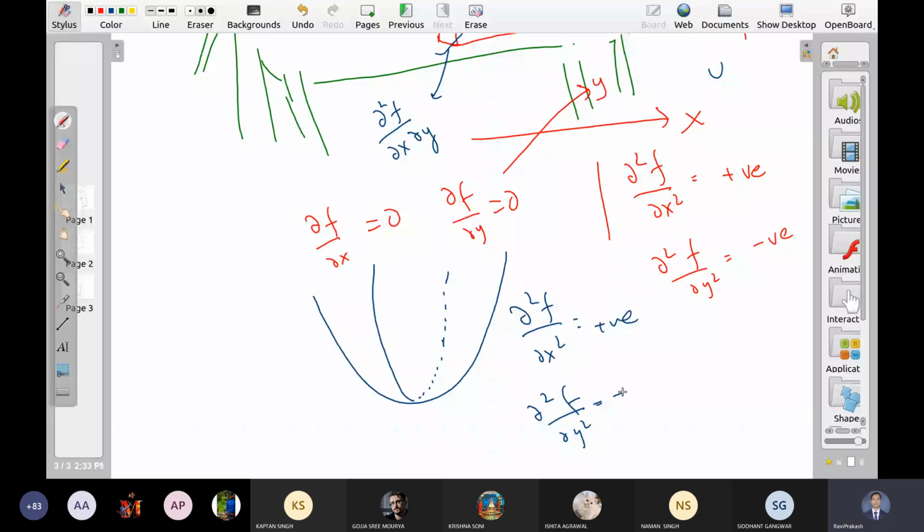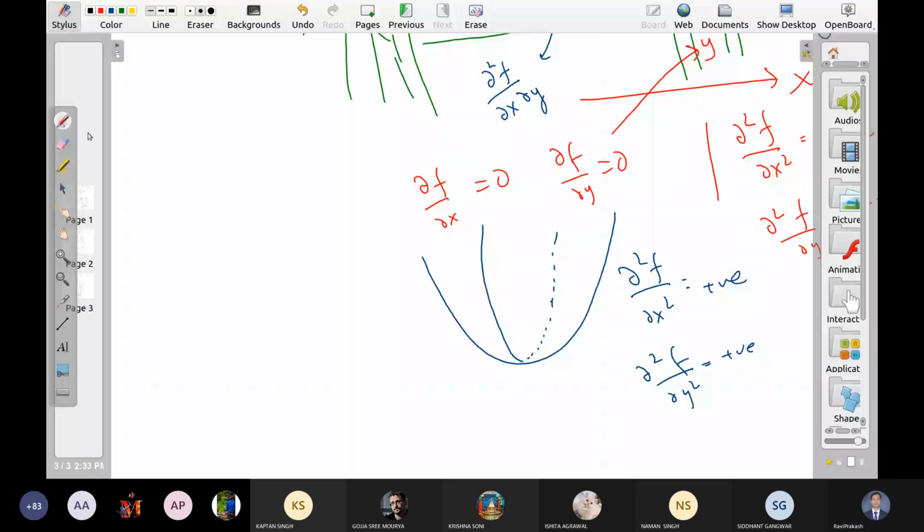Or in general, whether it is an absolute maximum or minimum depends on this determinant. If it is positive, it means it is a minima.